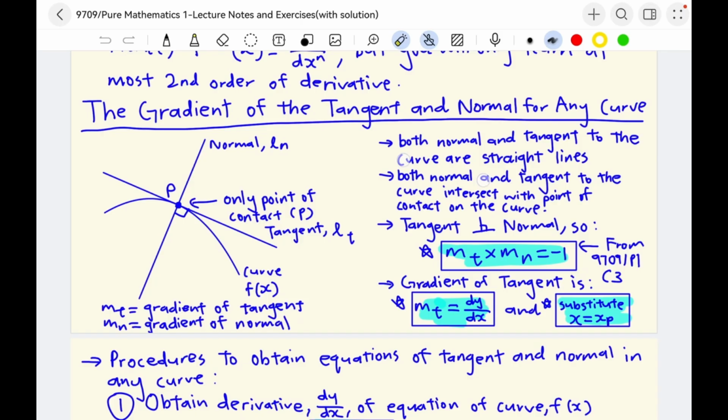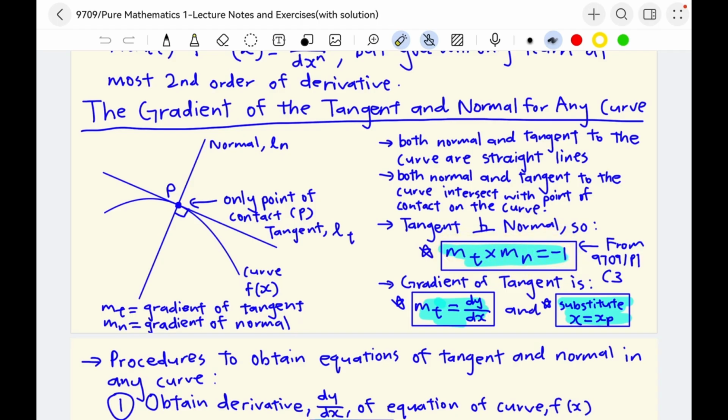Now for the introduction of the normal line. The normal is the line which is perpendicular to the tangent. This is fair enough, because you must recall what you learned in chapter 3, coordinate geometry. Since the tangent and normal are perpendicular to each other, their product of gradients is -1.